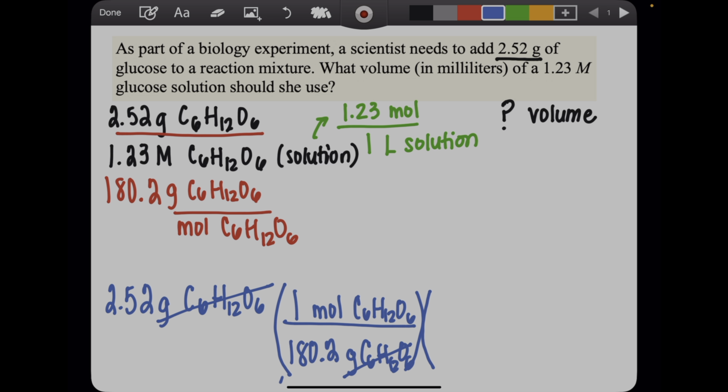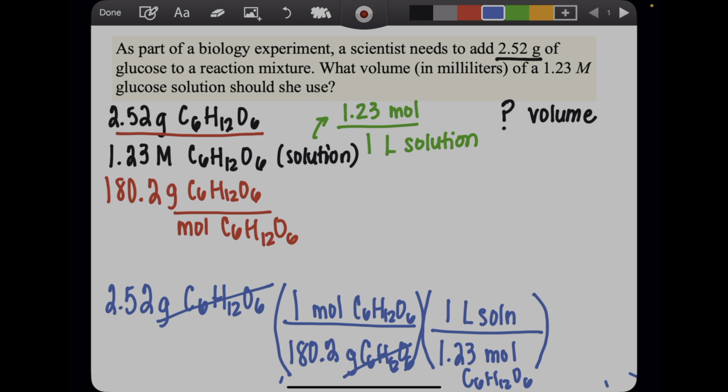So we'll open another set of parentheses so we can put that here. So we have 1.23 moles of glucose, and that is per 1 liter of solution, abbreviated that way.